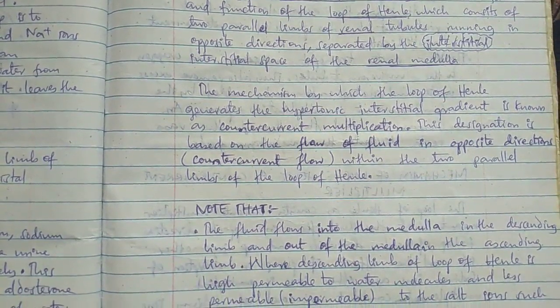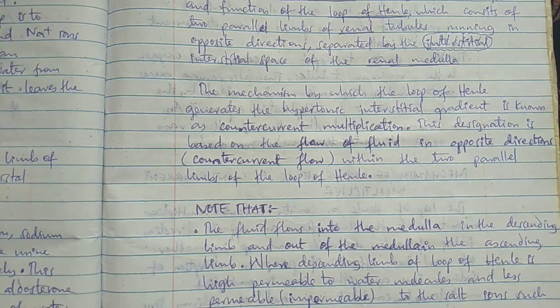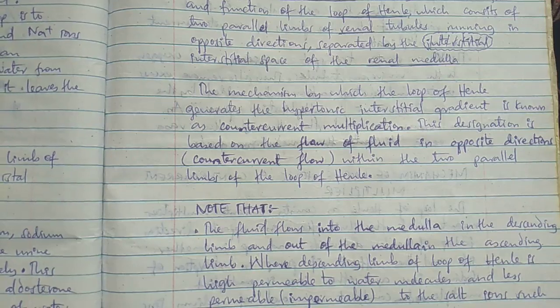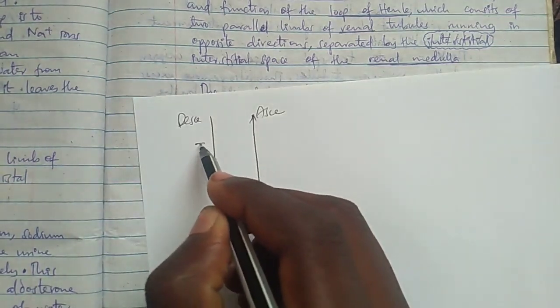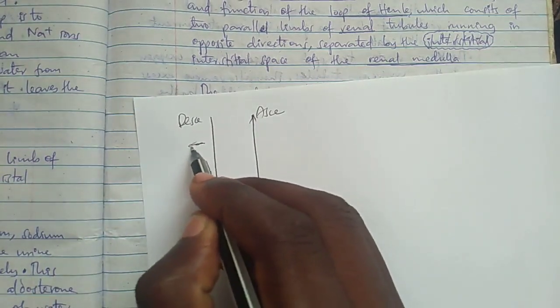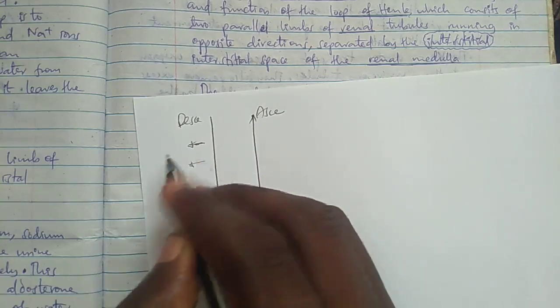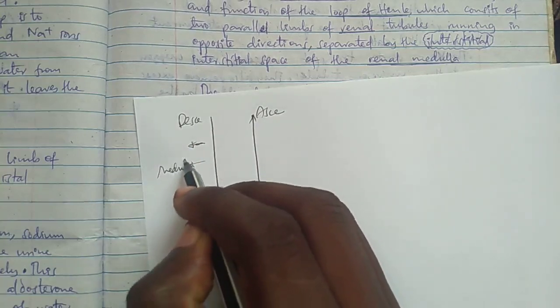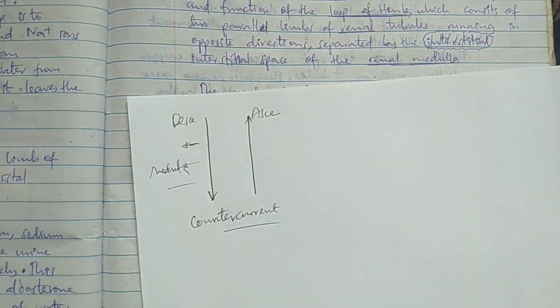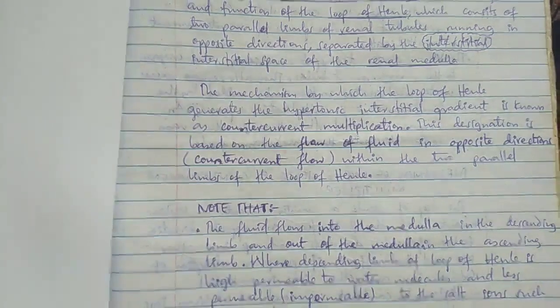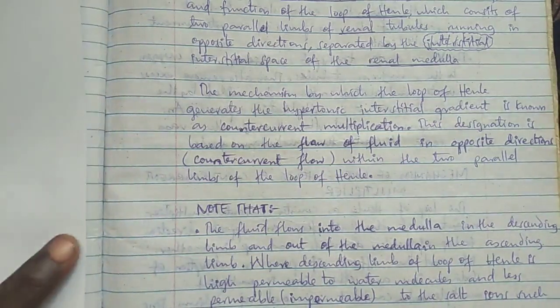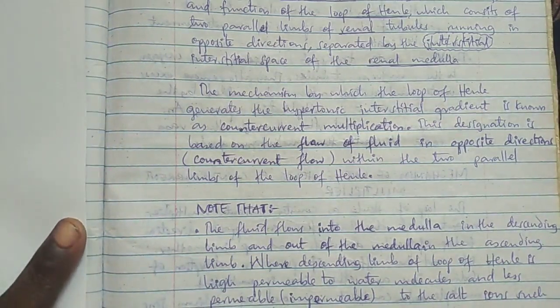Kwa hiyo fluid inaingia ndani ya medulla, yani inaingia huku, kwa sababu medulla ni huku nje, unaona huku ndo medulla. So it flows into the medulla in the descending limb and out of the medulla in the ascending limb.